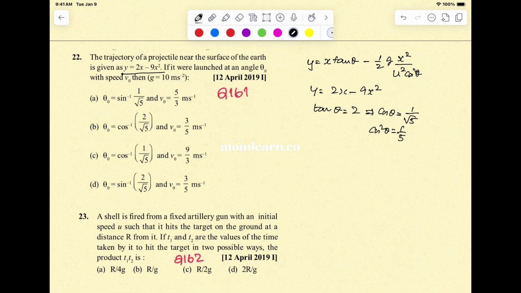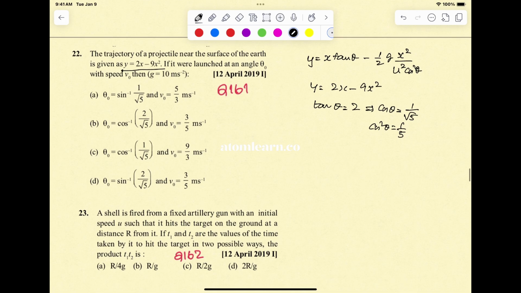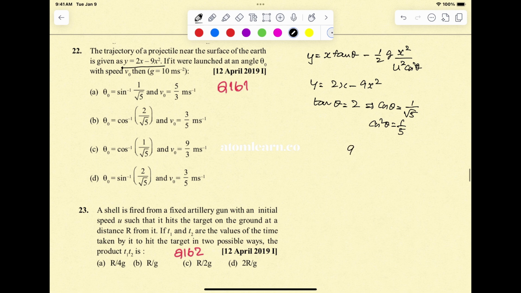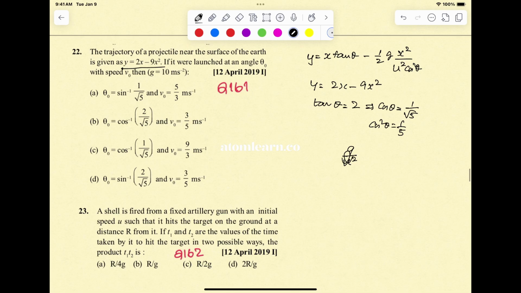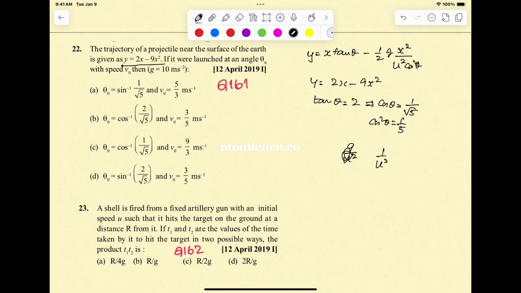Therefore, y equal to x squared, and this is 9 by u squared. Half g gets cancelled. Then 1 by u squared equal to 1.